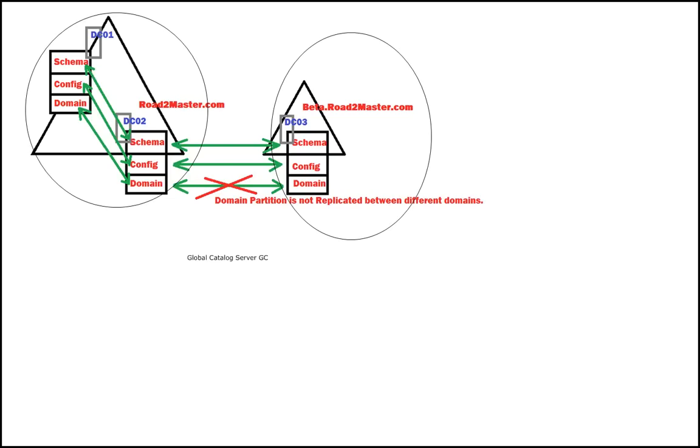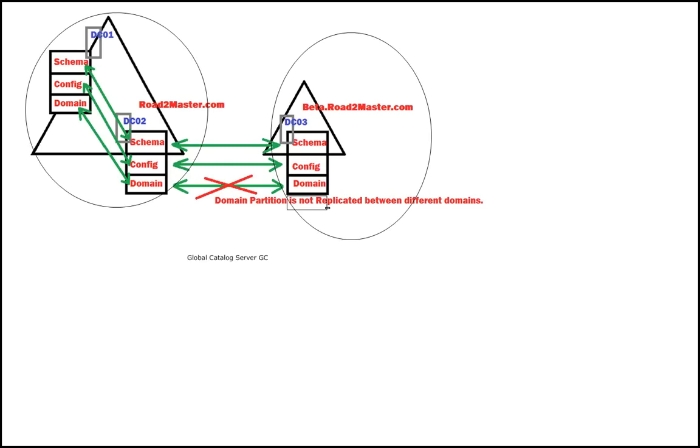Apart from this particular partition, it actually gets one more extra piece of information. It's not going to have everything, but partial information about the objects that are there in this domain. Okay?